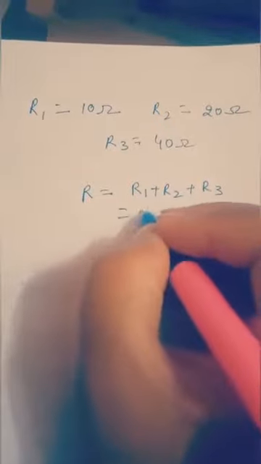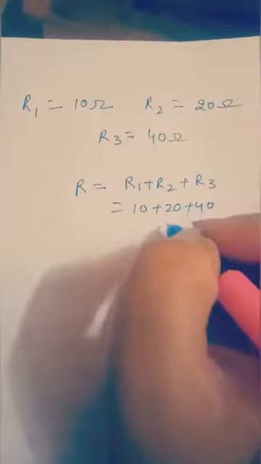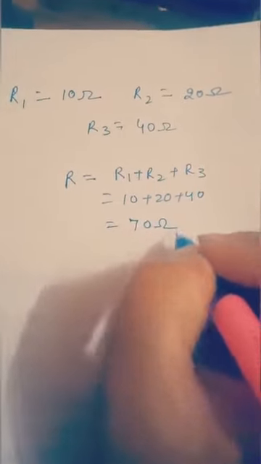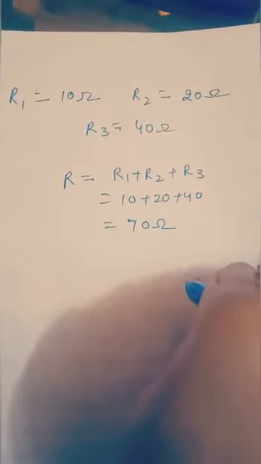Then in that case, R, the equivalent resistance of all three resistors, will be equal to the sum of the individual resistances, that is 10 plus 20 plus 40. So 40 plus 20 is 60, 60 plus 10 is 70. So 70 ohm will be the answer.